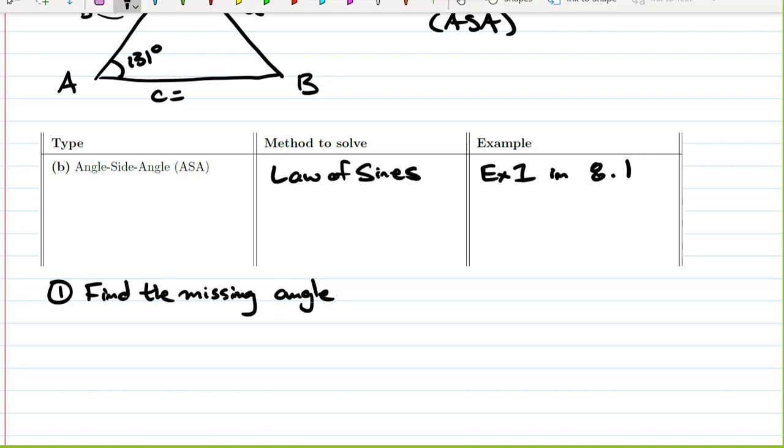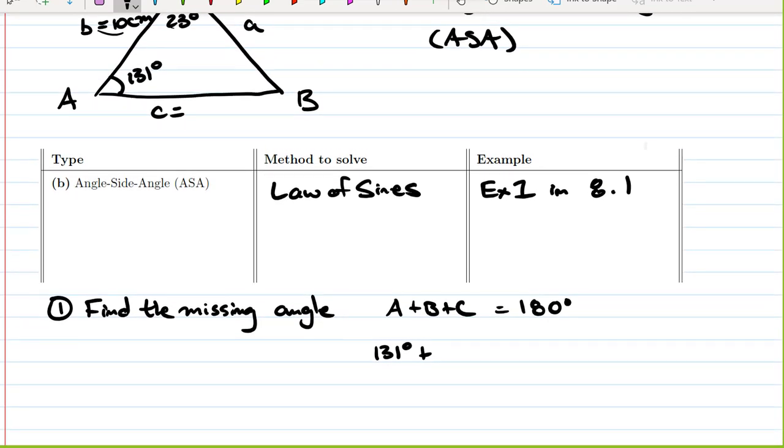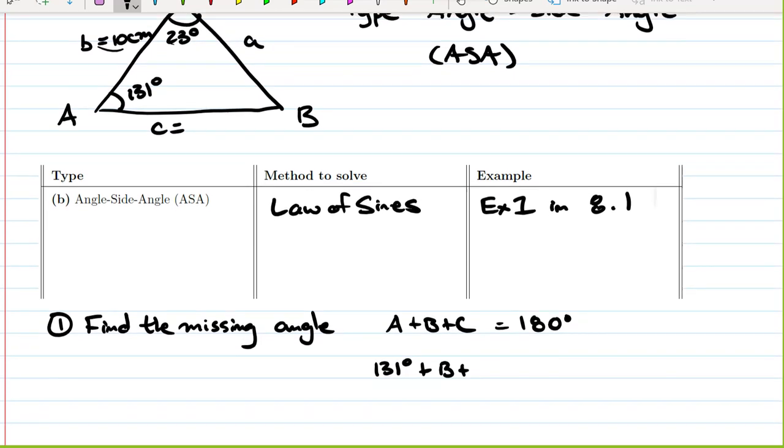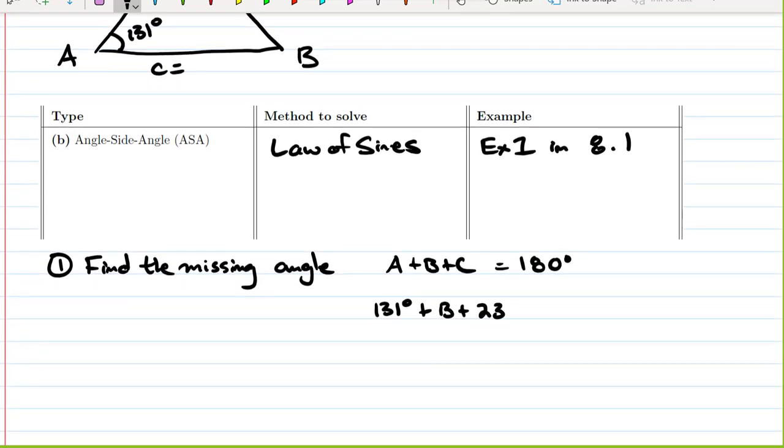And we absolutely have to do this step first. And we know that A plus B plus C has to equal 180 degrees. So we have 131 degrees plus angle B, we don't know, plus angle C, which we do know is 23 degrees, has to equal 180 degrees.